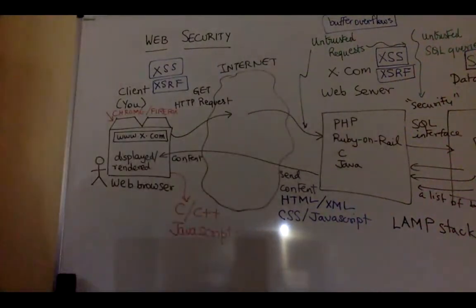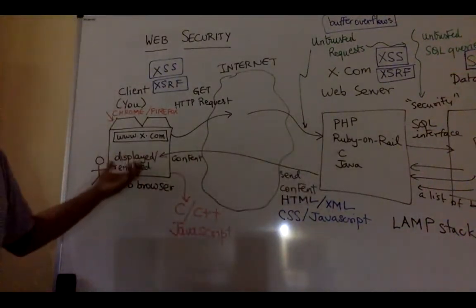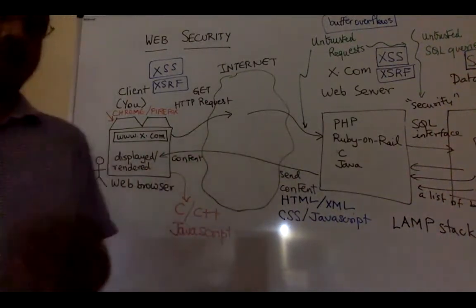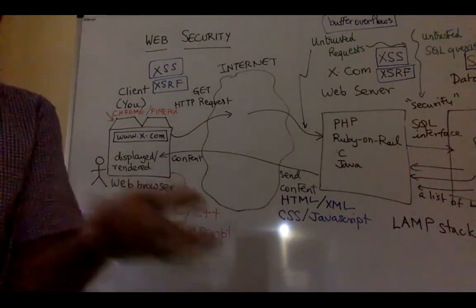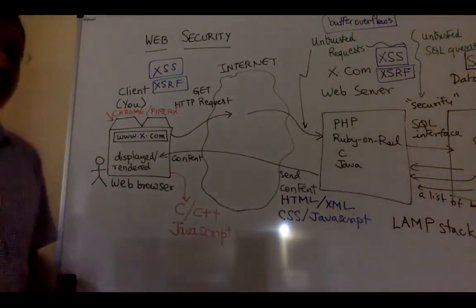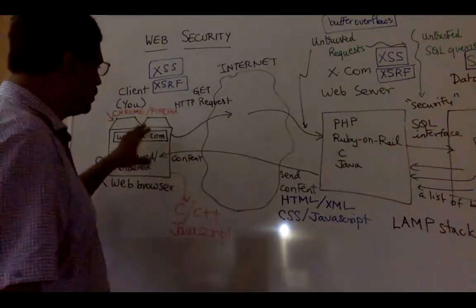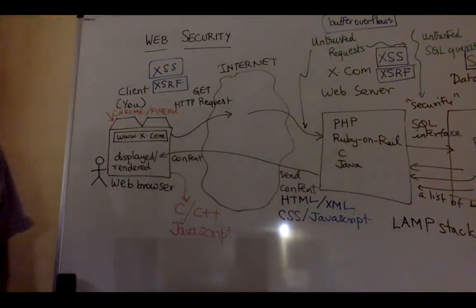Okay? So therefore, the web application also has a part that is displayed in the web browser. The stuff that is displayed in the web browser is code that is generated by the web server. That is your end user's view of the web server, and therefore, whenever we think about web server security, we are also going to be actively concerned with what is happening on the web browser side.